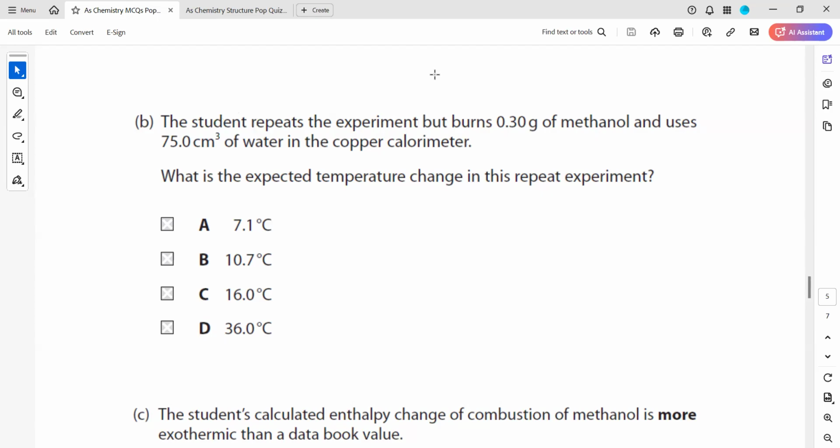We increase the mass. For example, when 0.2 grams of the substance was burned, the temperature change was 16 degrees. When we burn 0.3 grams, by what factor have we increased the mass?